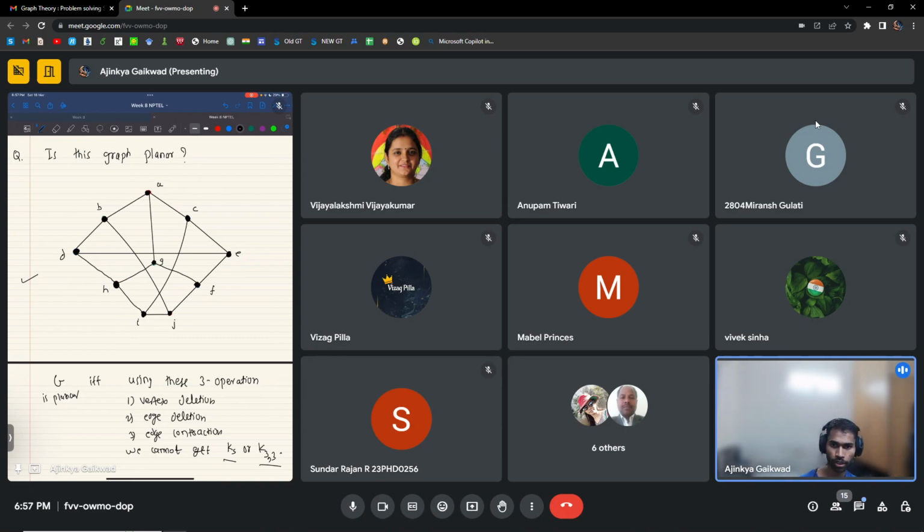I hope the question is clear. So the answer is no. I have already told you at the beginning of class that this is not a planar graph. So the question is, can you run these three operations any way you want, any number of times, and obtain K5 or K3,3, right?